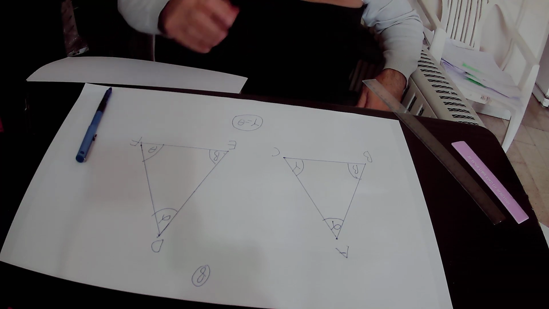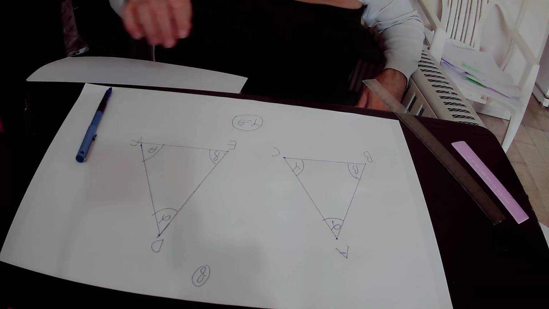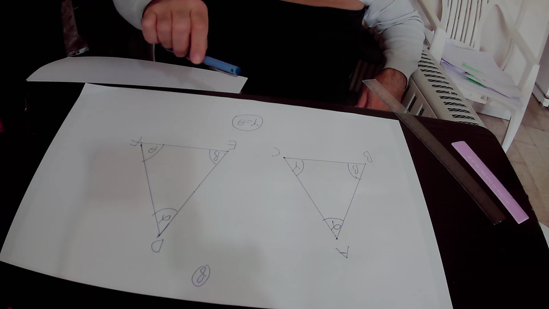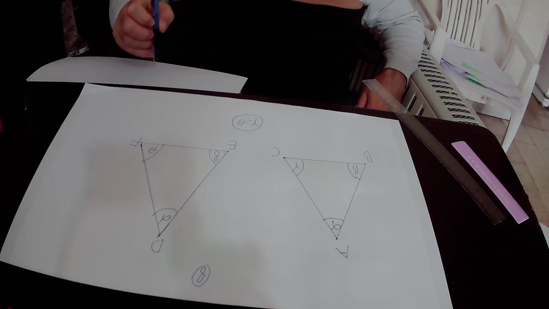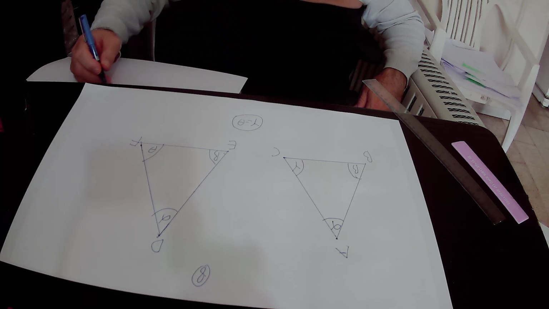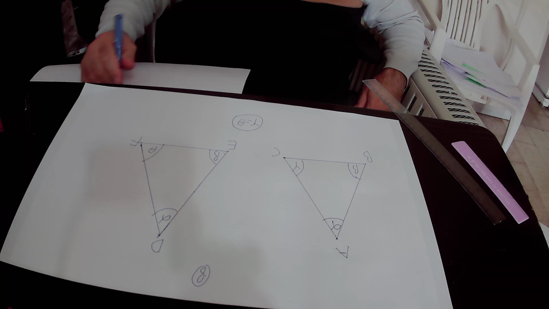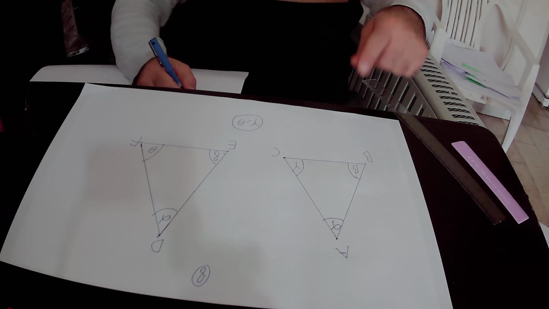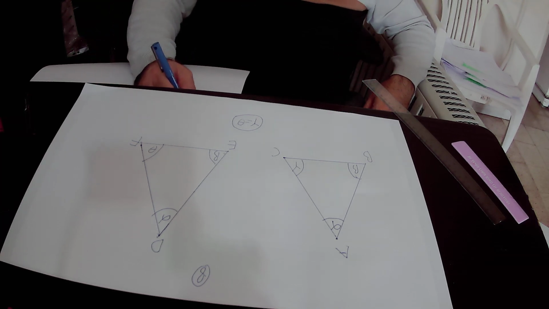So we will prove that the third angle theorem is true. We will prove the theorem according to the rule that the sum of the angles in any triangle equals 180 degrees, and especially the sum of the angles in triangle ABC equals 180 degrees.